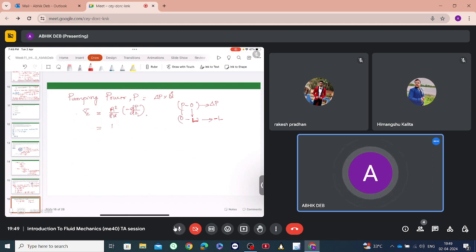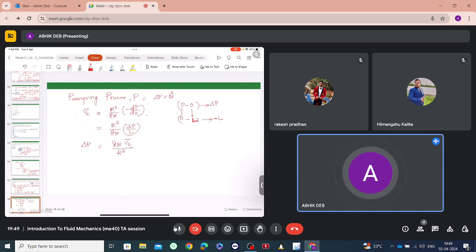So what we get here is r square by 8 mu delta p by L. So delta p can be written as 8 mu Vz average by r square.